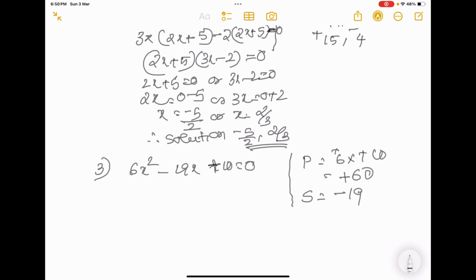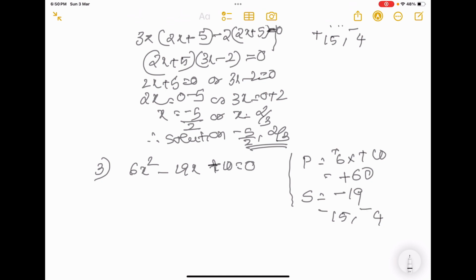So here the product is positive and the sum is negative, then both numbers are negative, that is the second case. So the product is 60 and the sum is 19. So 10 into 6 is not correct. Then 15 into 4, 15 plus 4 is 19, so 15 comma 4, both are negative.